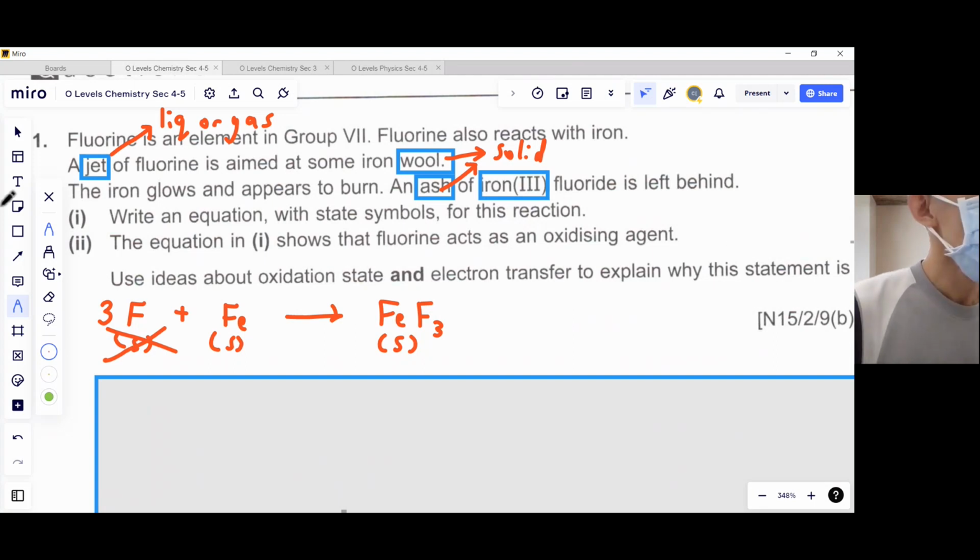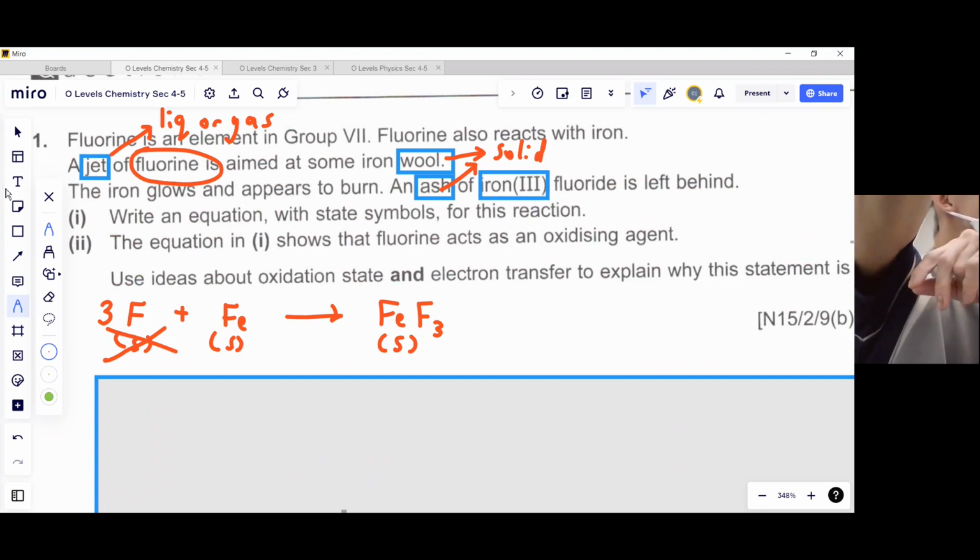But what else do you need to know? Fluorine. Hey guys, what's the formula for fluorine? Well, of course, if you look at it here, they'll tell you F is right at the end there.